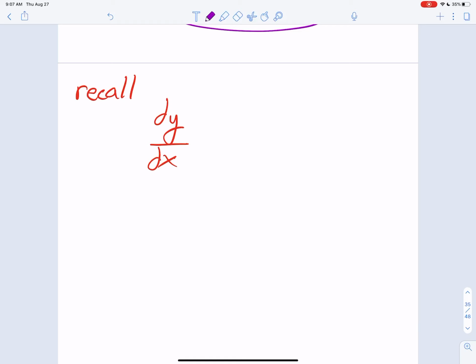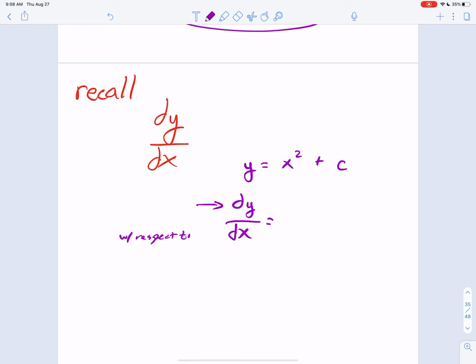Okay, so real quick, let's say y was x squared plus c. All right. If I'm finding dy dx, the way you read this is the derivative of y with respect to x.